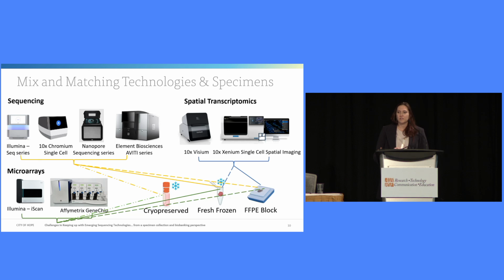And while companies seem to be trying to make their platforms compatible with a variety of input samples, realistically, there's a specific sample type that's going to be best compatible for any given platform and chemistry that's going to result in the highest quality data. So I mentioned earlier that I've seen that many investigators plan the technologies first and worry about the specimens later, which introduces our biggest biobanking challenge. What should we even collect?